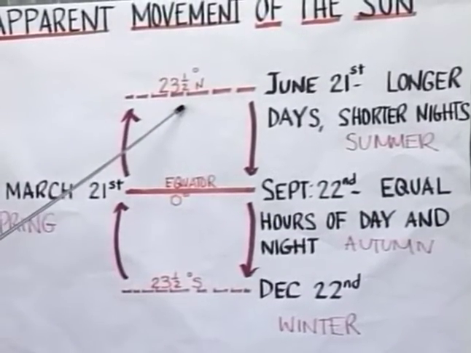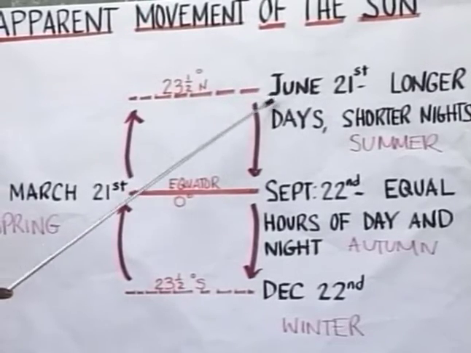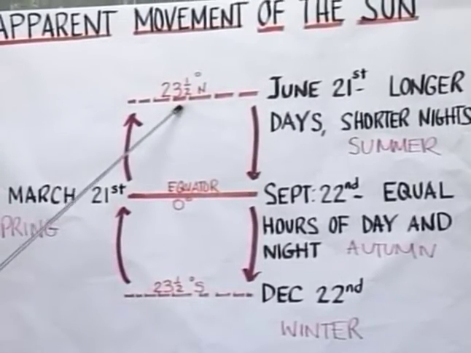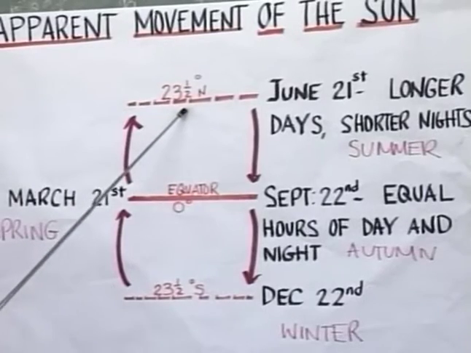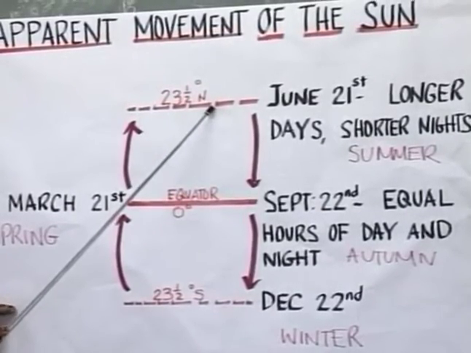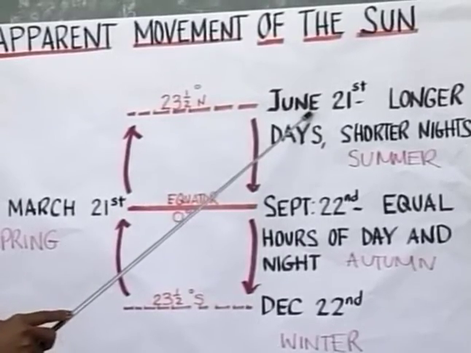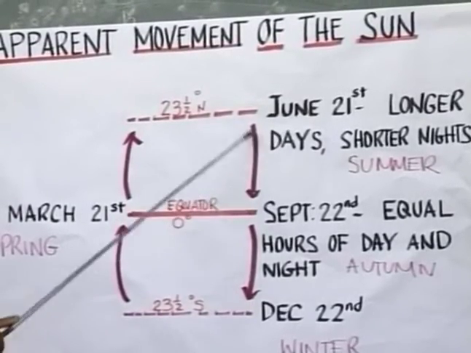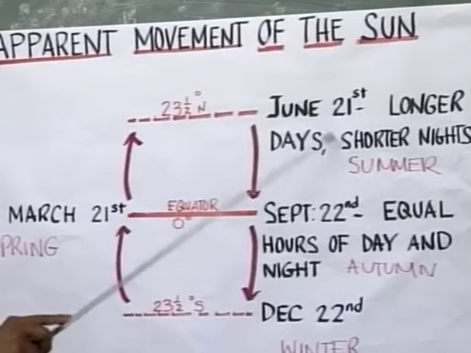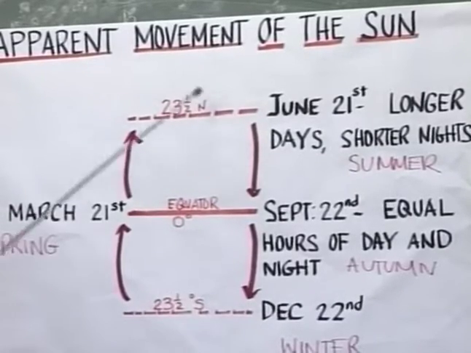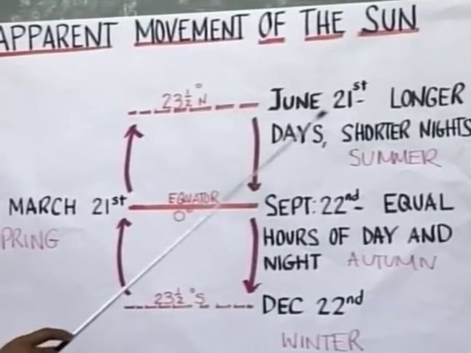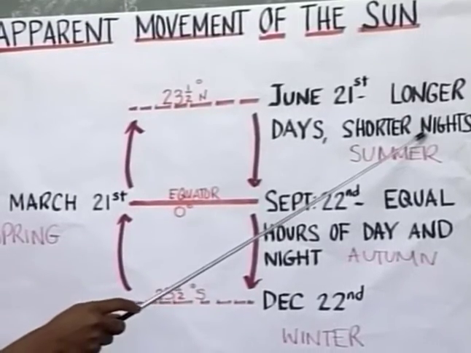June the 21st, the sun is at its furthest point in the northern hemisphere, and it is directly overhead at the Tropic of Cancer. Therefore, in the northern hemisphere, the season which is experienced is summer. This is the time also that the areas in the northern hemisphere experience longer days and also shorter nights.